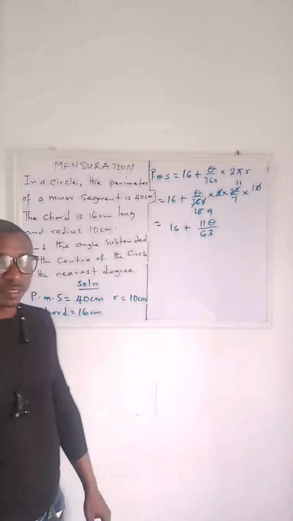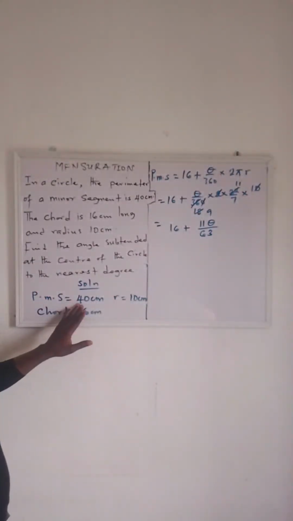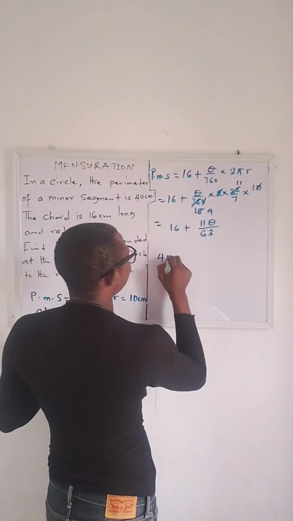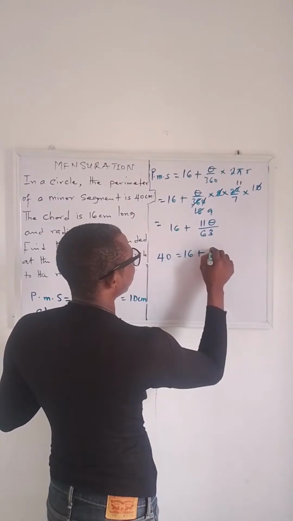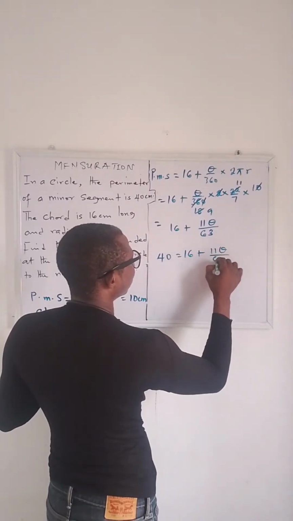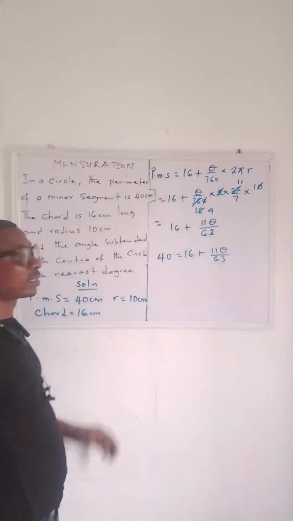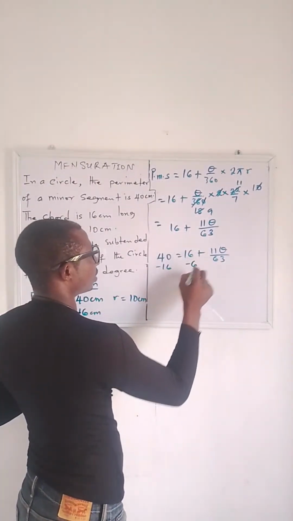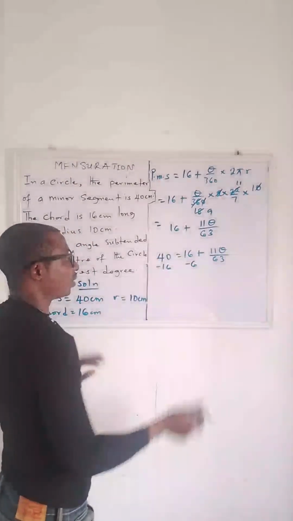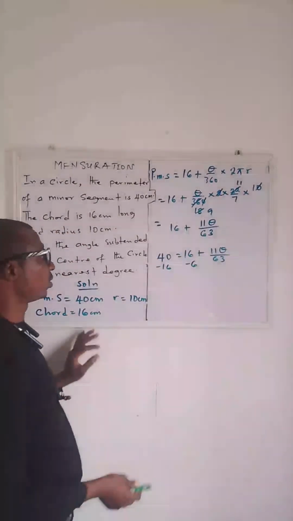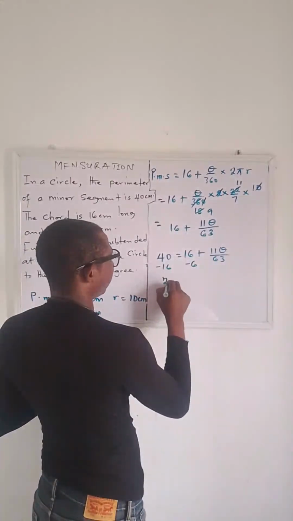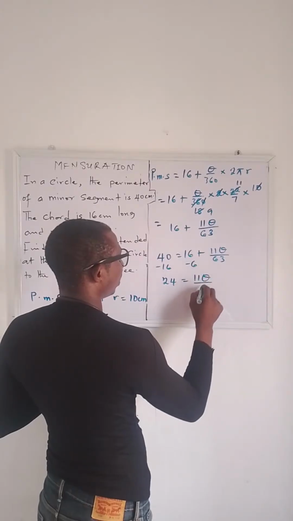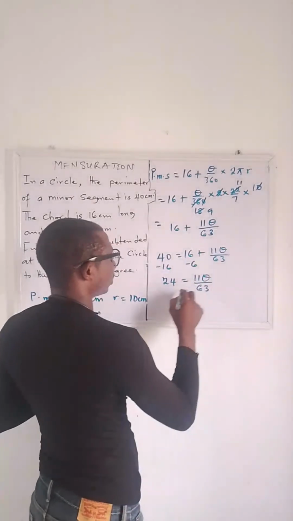Okay, but don't forget, we have been given what? The perimeter of the minor segment, that is 40. So we have 40 equals 16 plus 11 theta over 63. So now let's subtract 16 from both sides. So what do we have? 40 minus 16. That is 24 equals 11 theta over 63.